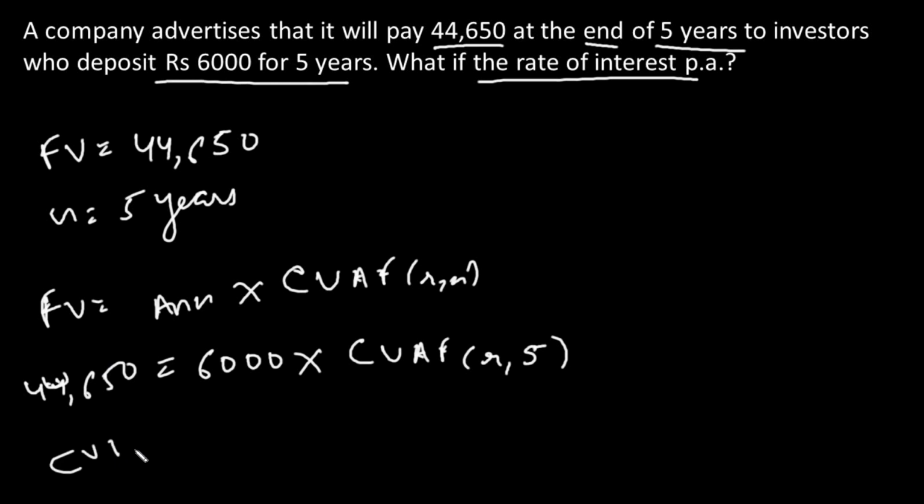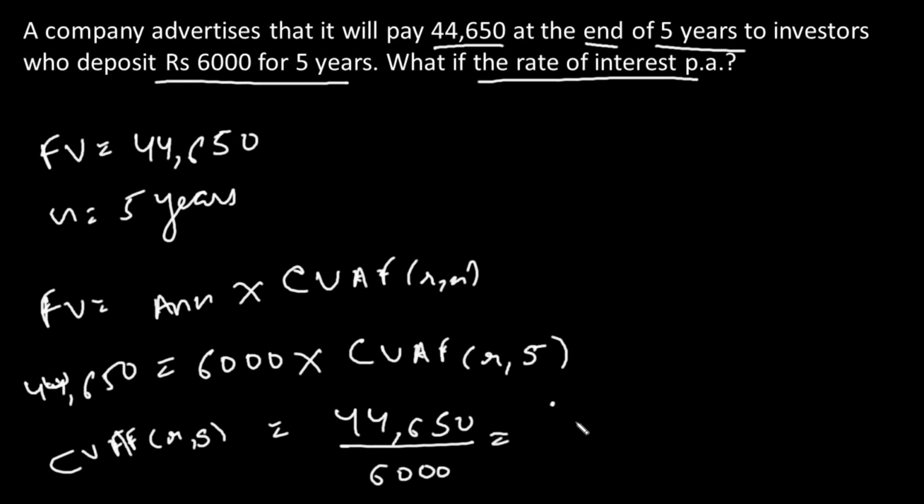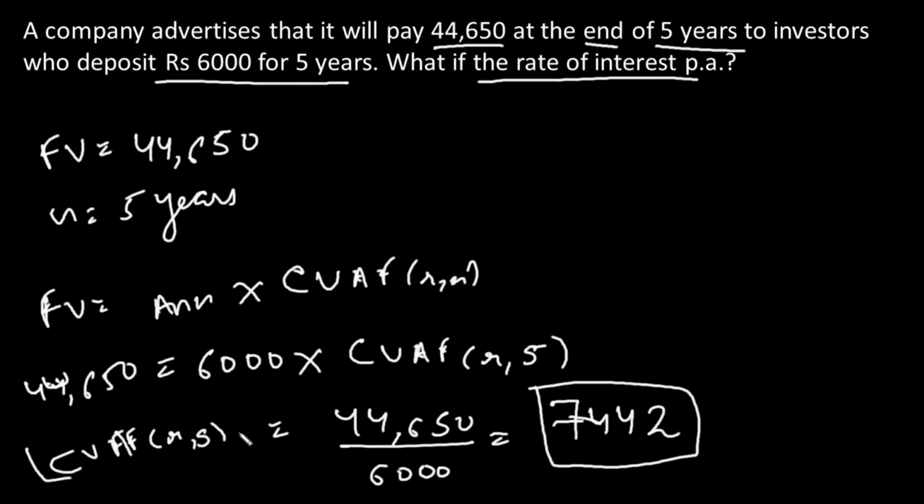So CVAF R at 5 will be 44,650 upon 6,000, which is 7.442.